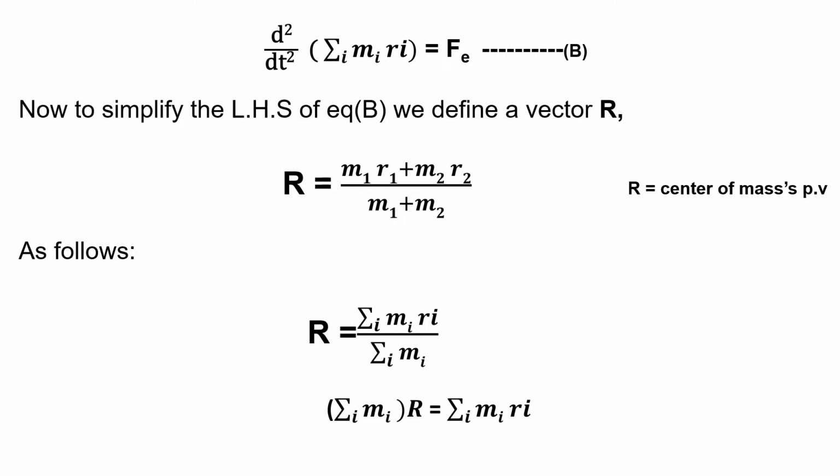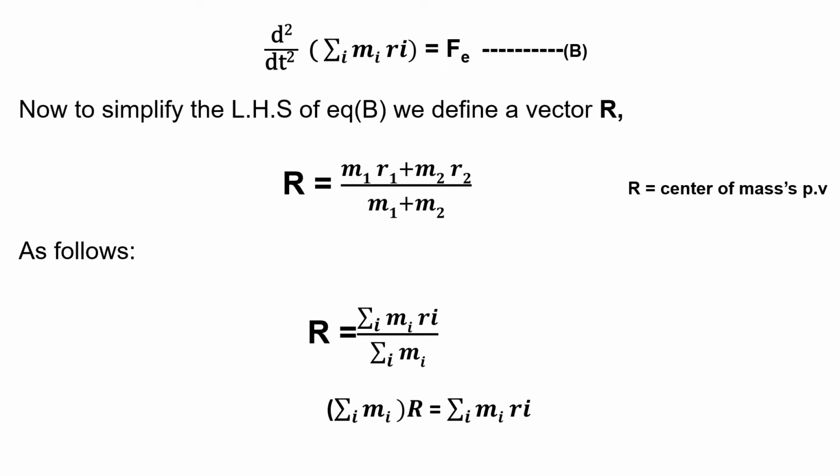Now, to simplify the left hand side of equation B, we define a vector R, the position vector for the center of mass. It means that the particles are concentrated at one point of the system, which will be the center of mass of the whole system, represented by capital R position vector.